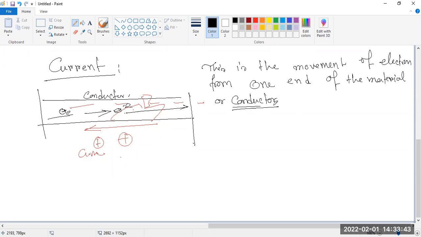We are talking about conductor. It is also applicable for the semiconductor, but we are generally talking about conductors for our electrical field. Okay.